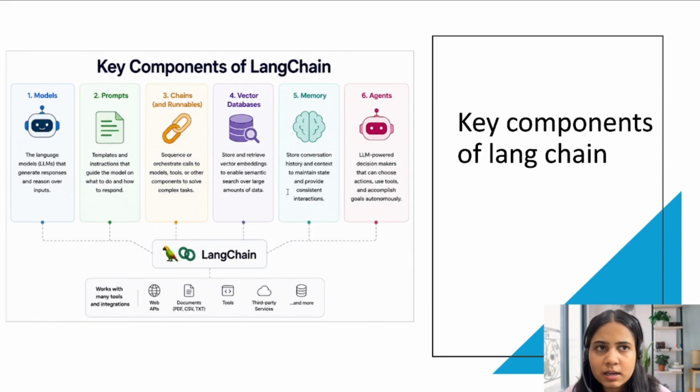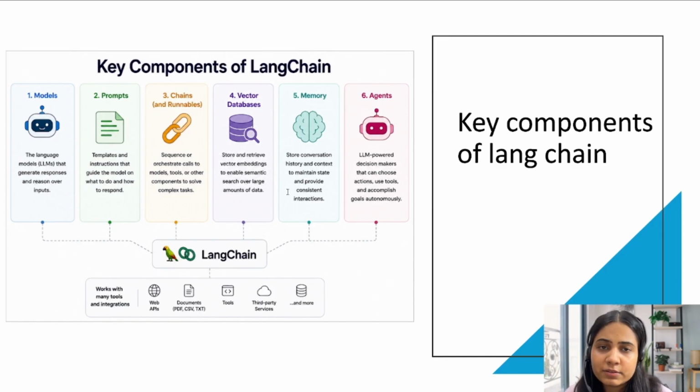This is not a DB where we store data the way we do in Oracle DB or MongoDB. That is not the same thing. Here we are storing numerical vectors, and it will perform a similarity search to find the most relevant information from the DB. It is different from Oracle and MongoDB.